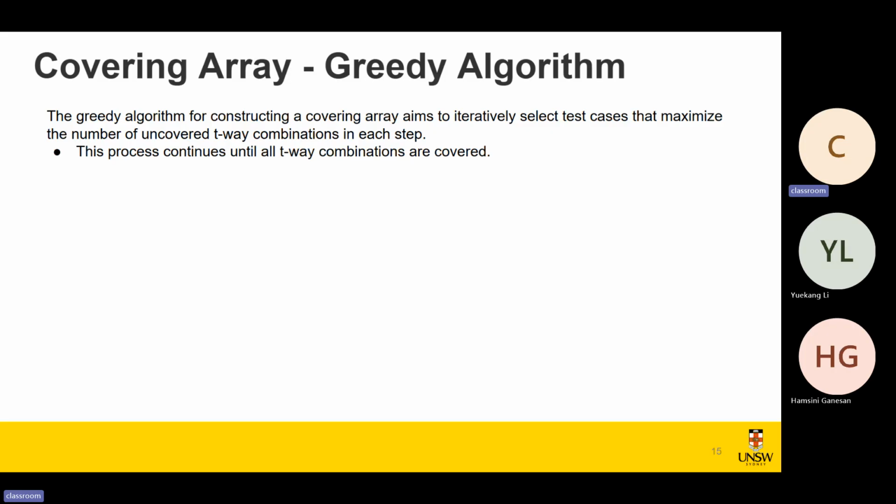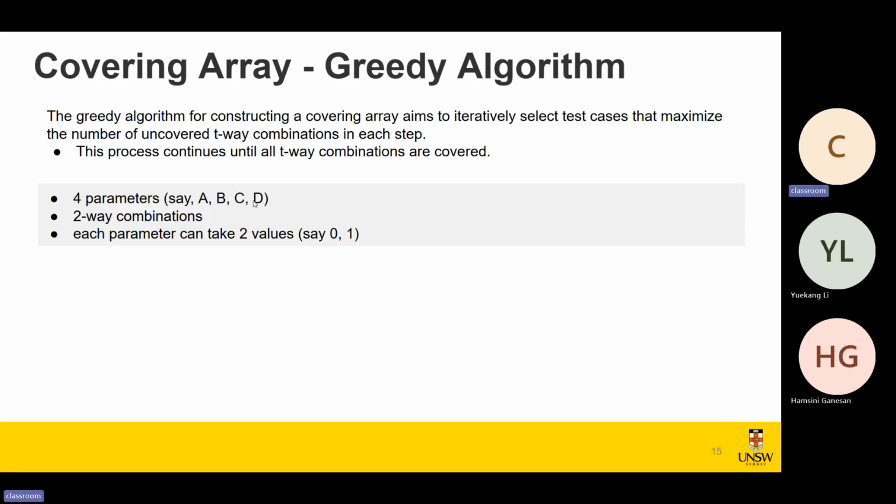For the next step, when we are selecting the test case, we just select the one that can bring us the most number of combinations to be covered. So this is the basic idea of the greedy algorithm. It's very, very simple. You just look ahead by one step.